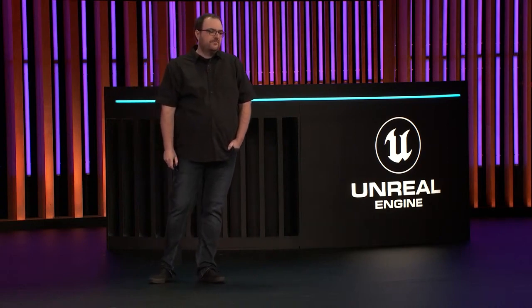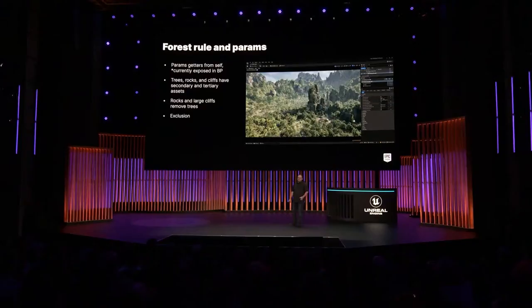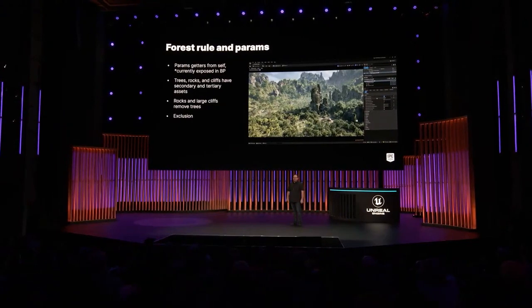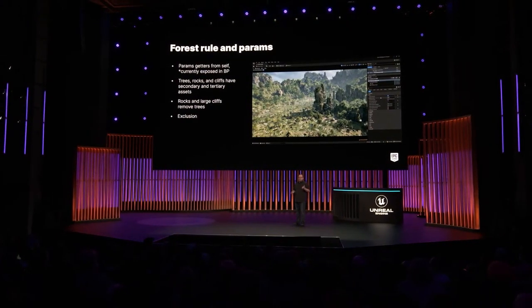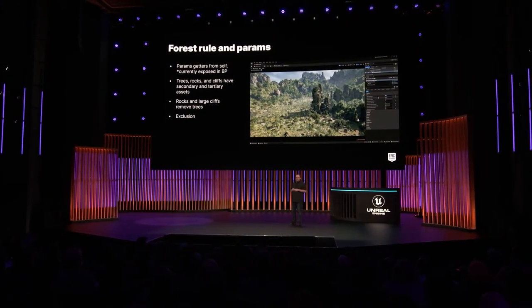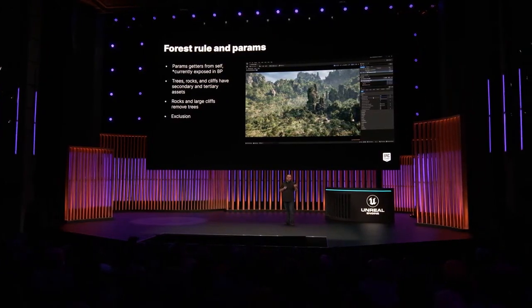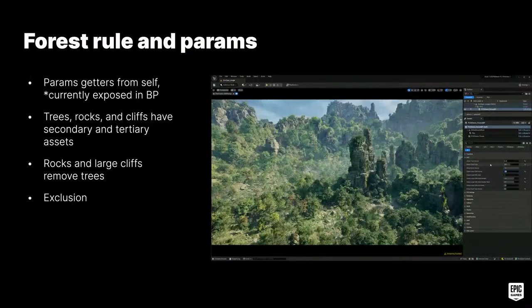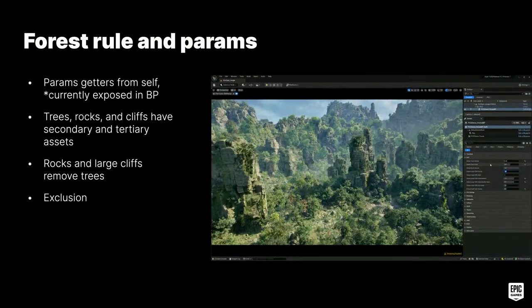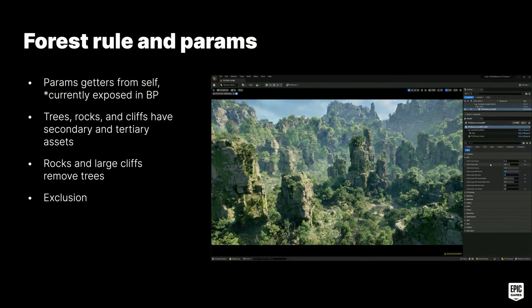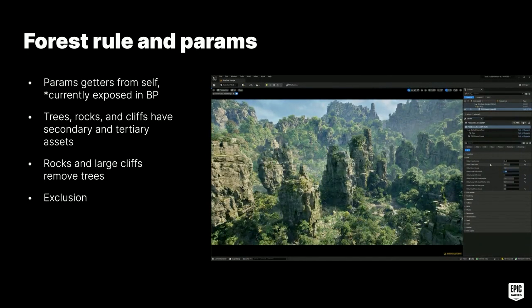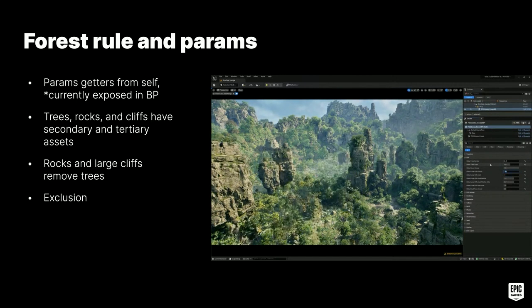Okay. The forest rule is following what you would expect from a procedural forest, where primary assets such as rocks and trees are surrounded by their own secondary and tertiary assets. And the rocks and the cliffs are also removing all of the trees that are overlapping, so we don't have bad overlaps in the forest. In the same way, we exclude the entire handcrafted area, as well as the PCG close range area that I was talking about earlier.